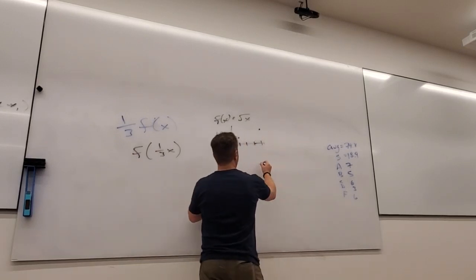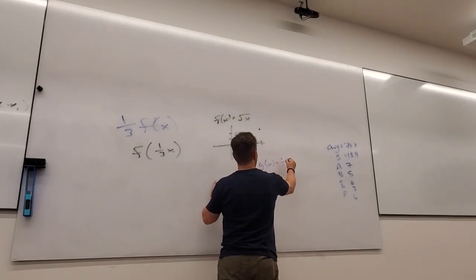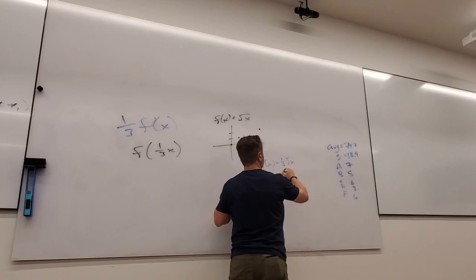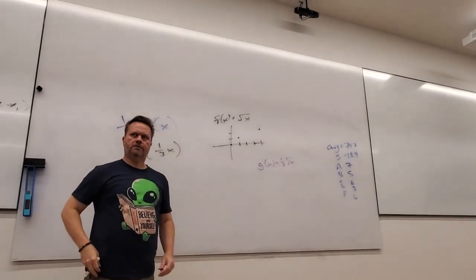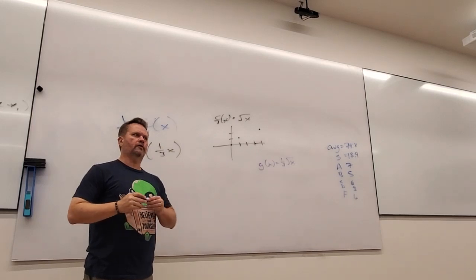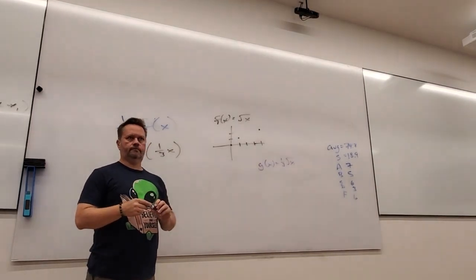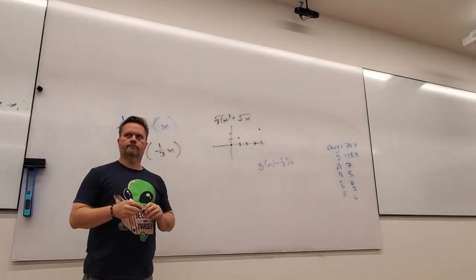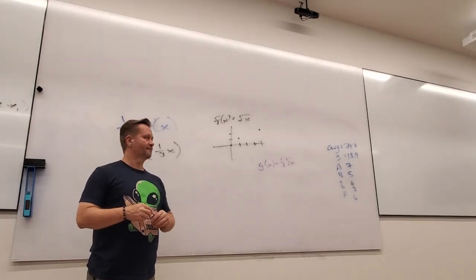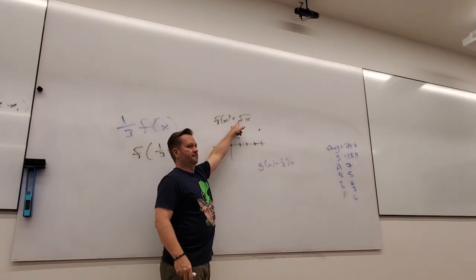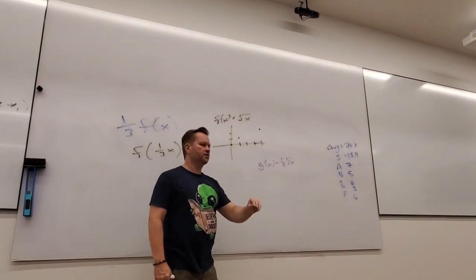If I want to do g of x equals 1/3 square root of x, what would that tell me to do to the graph? So here's square root of x. Don't even think about what it's called.